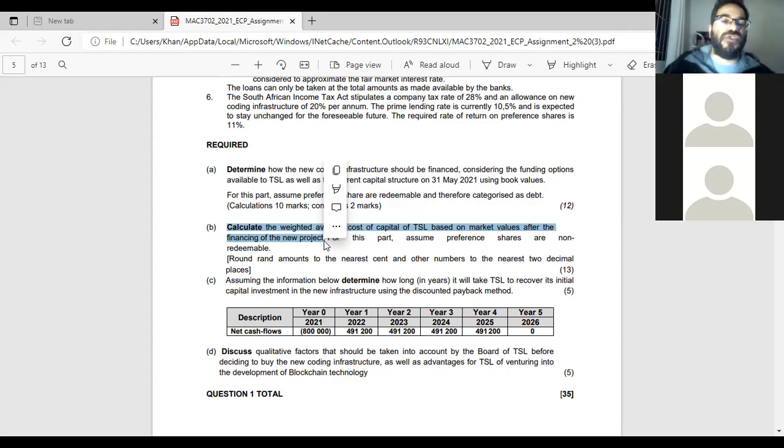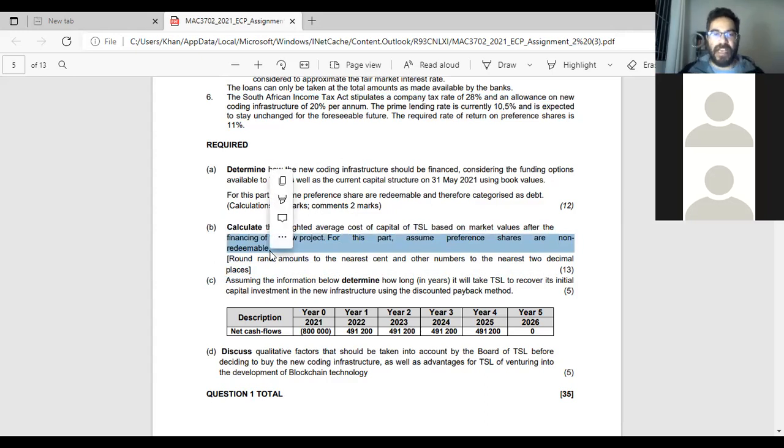So what I'm going to do is ignore the new project financing. The reason being is we need to do part A first. Once we do part A, I will update the WACC calculation to answer exactly over here. For this part, assume preference shares are non-redeemable.